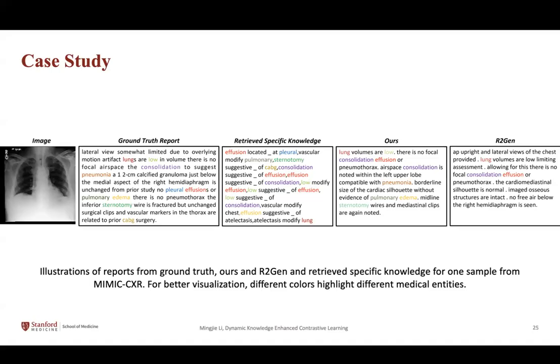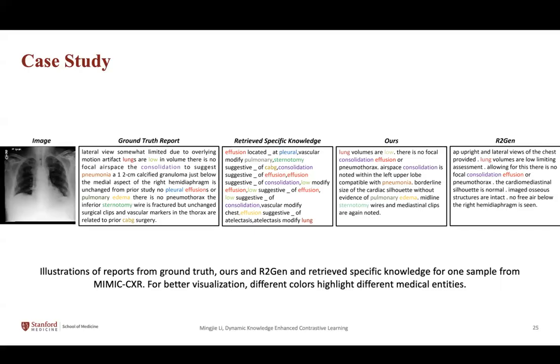We can see that terms like cap, consolidation, and pseudonotomy are not included in the pre-constructed graph node list. So this observation proves our motivation for constructing knowledge graphs dynamically.